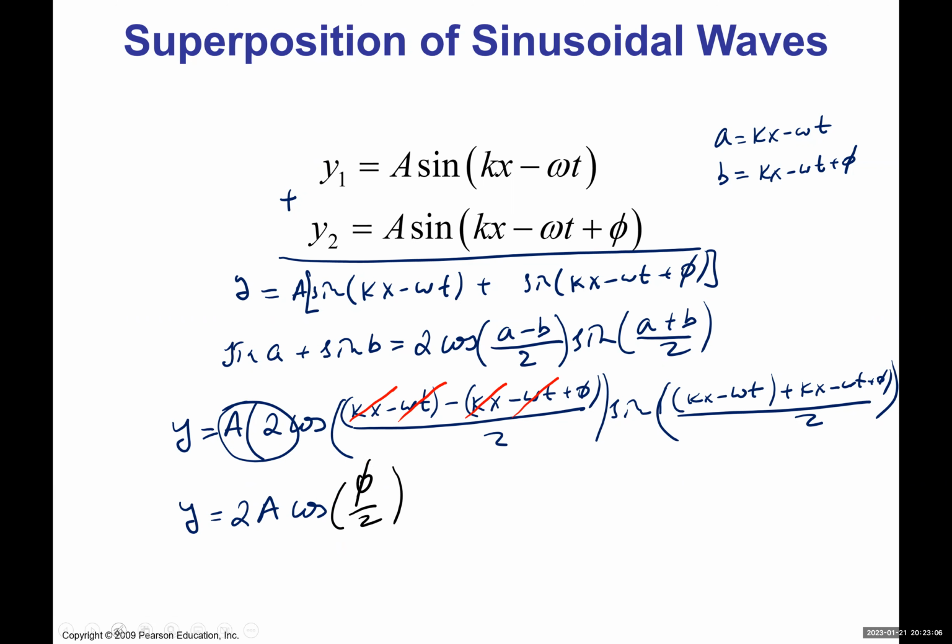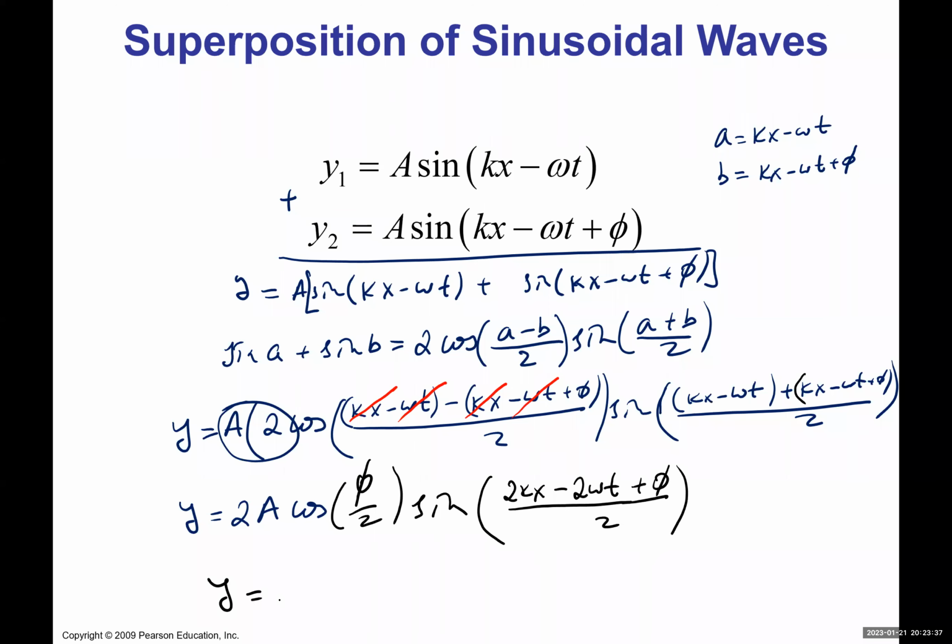Then for the second term, it's kx minus omega t plus kx, so it becomes 2kx, then minus omega t, another minus omega t, so minus 2 omega t, then plus phi, divided by 2.